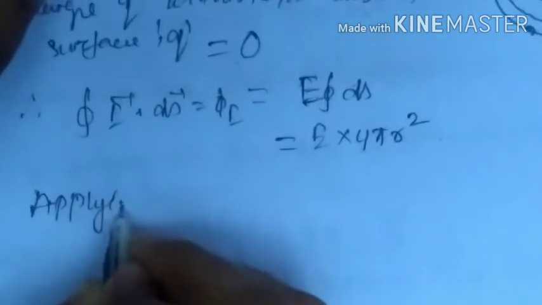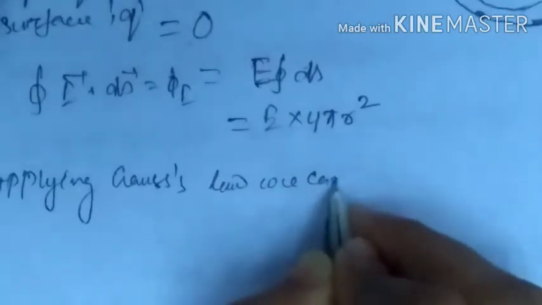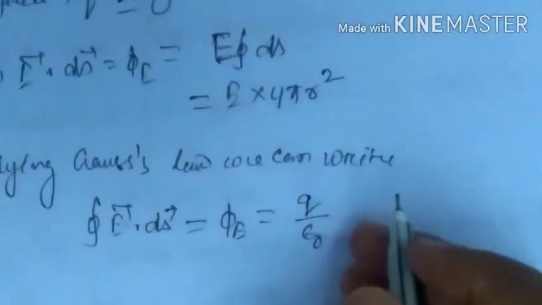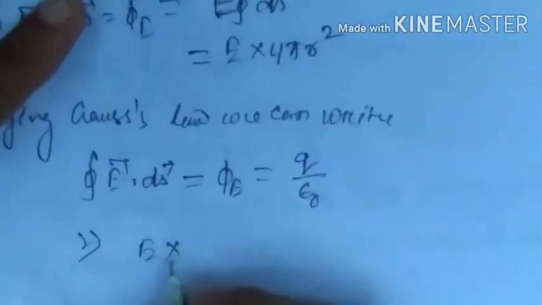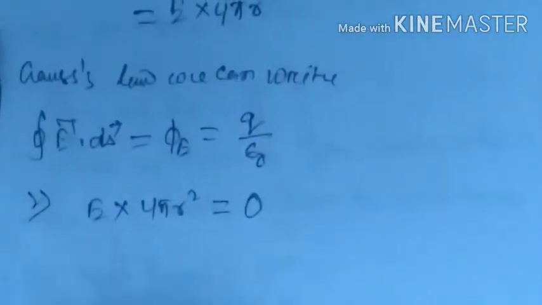Now applying Gauss law, we can write integration E dot dS is equal to phi E is equal to q by epsilon naught, or that is equal to E into 4 pi r square is equal to 0 because charge is equal to 0. So this is 0, or E is equal to 0.